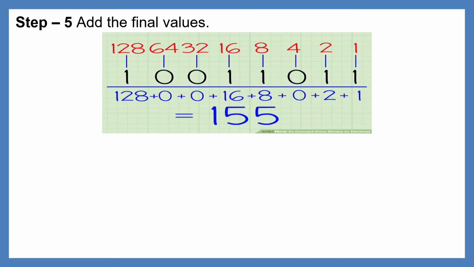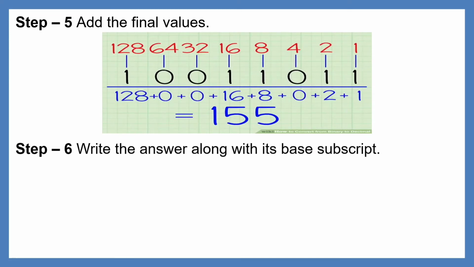So you only add the numbers that have a 1 bit. So 128 plus 16 plus 8 plus 2 plus 1 is equal to 155. And then write the answer along with the base subscript.